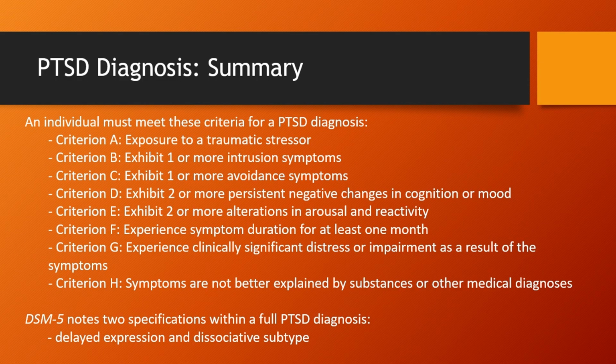So in summary, an individual must meet the following criteria in order to achieve a DSM-5 diagnosis of PTSD. Exposure to a traumatic stressor, exhibit 1 or more intrusion symptoms, exhibit 1 or more avoidance symptoms, exhibit 2 or more persistent negative changes in cognition or mood, exhibit 2 or more alterations in arousal and reactivity, experience symptom duration for at least 1 month, experience clinically significant distress or impairment as a result of the symptoms, and finally, the symptoms are not better explained by substances or other medical diagnoses.